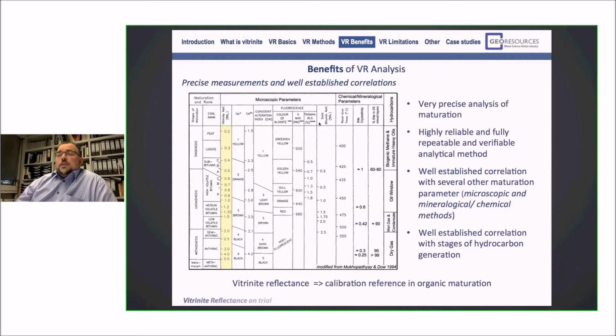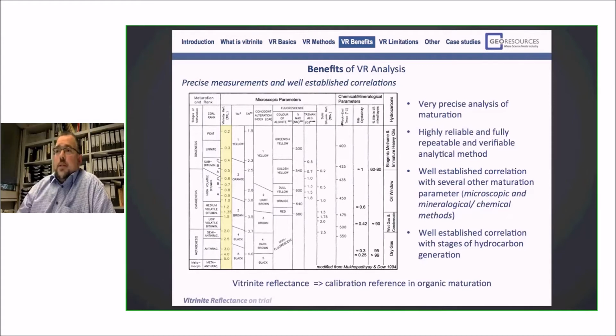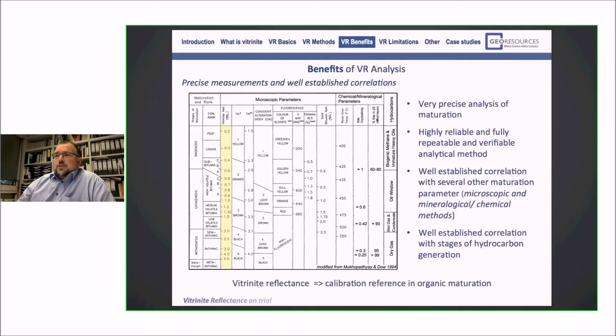Then the whole fluorescence color analysis is correlated to vitrinite reflectance. Also, bitumen reflectance, solid bitumen in samples, is correlated to vitrinite reflectance. And also chemical parameters like Rock-Eval Tmax data are correlated to vitrinite reflectance. Illite crystallinity and also the illite ratio in mixed layered illite-smectite clay minerals is roughly correlated to vitrinite reflectance.